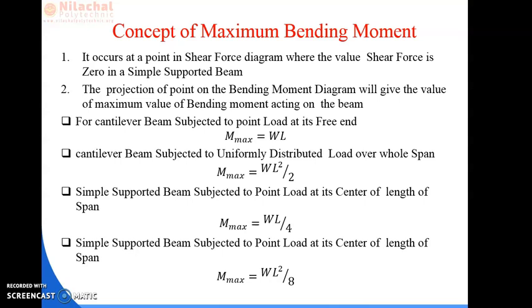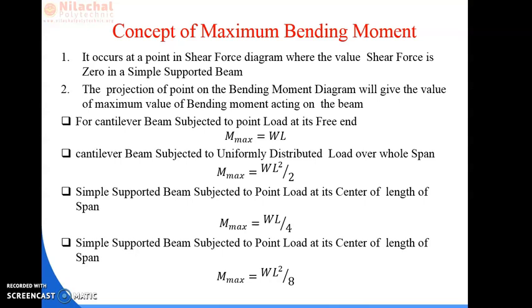Also, in the shear force diagram, the shear force changes its sign from positive to negative or negative to positive where the shear force line intersects the baseline, and that point is known as the shear force 0 point, and at that position the maximum bending moment occurs.